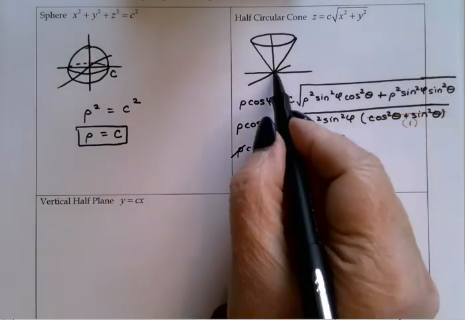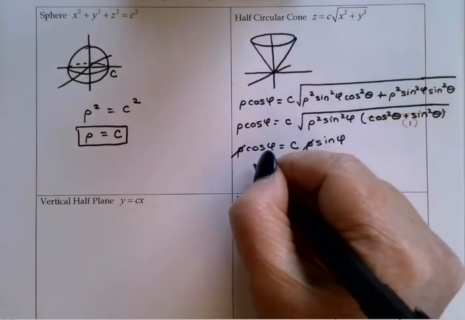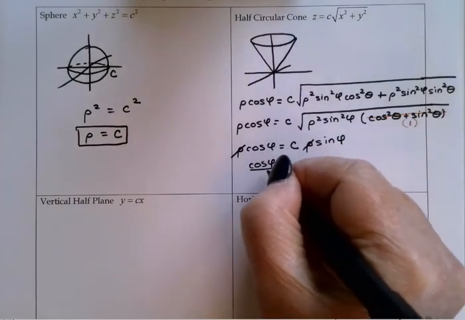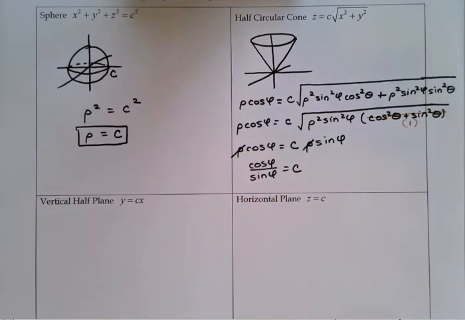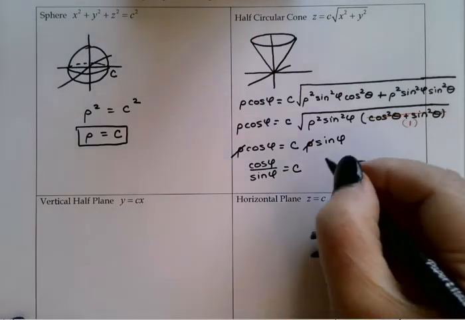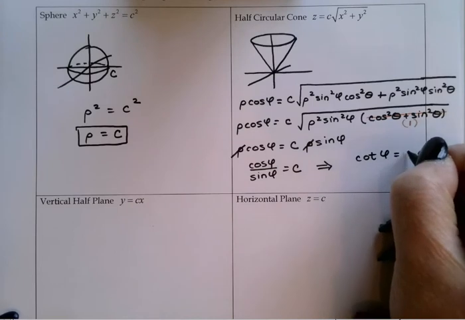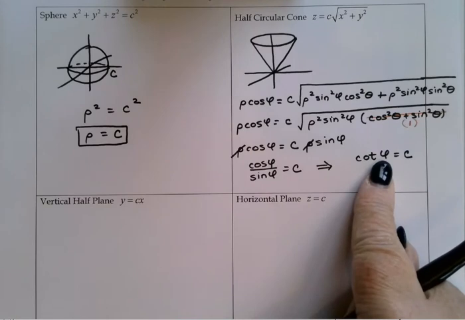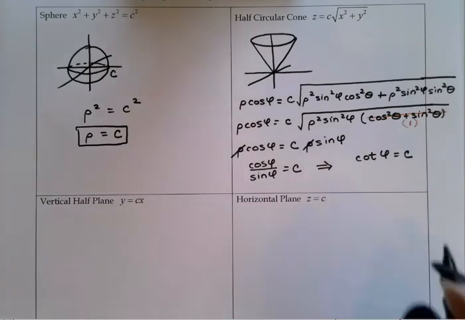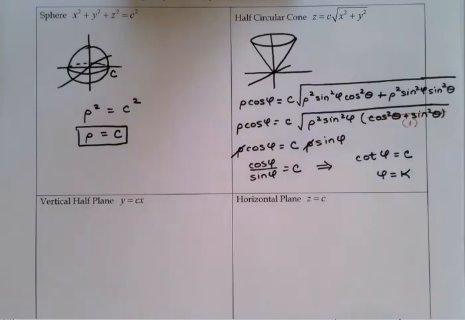If rho was 0, I'd just be at the origin. I wouldn't really have a cone. And then I'm going to divide by the sine of phi. So cosine phi over sine phi equals a constant. Or in other words, cotangent of phi is equal to a constant. Now, if the cotangent of an angle is constant, then the angle itself must be constant. So phi itself is equal to some other constant, whatever the inverse cotangent of c is.